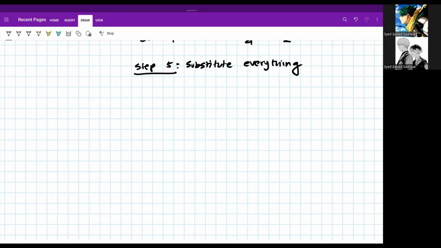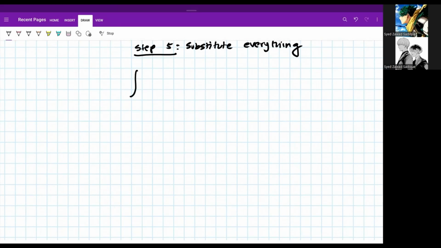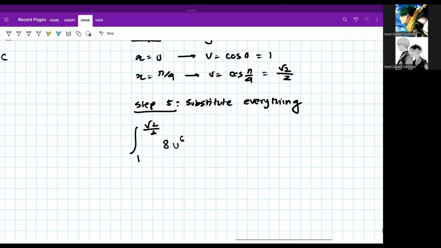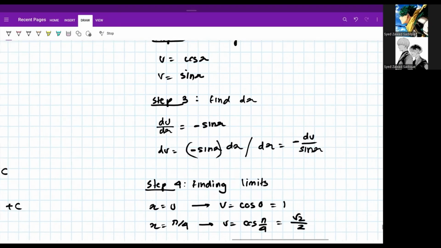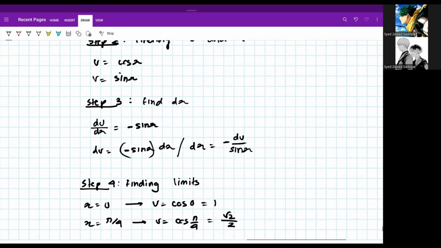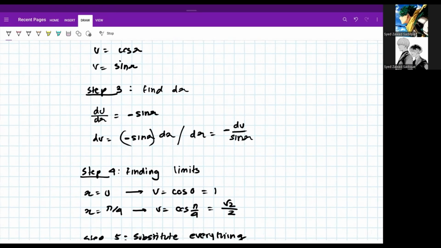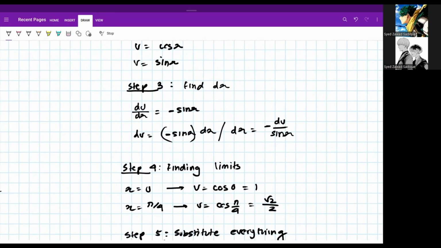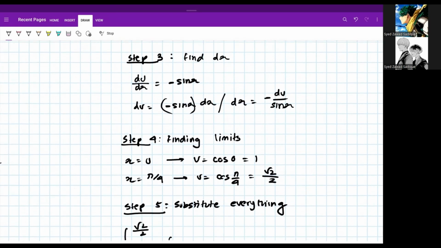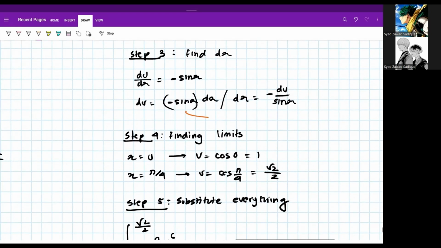Now, we can write the integral from root 2 by 2 to 1 of 8 u to the power 6. Now that we know that du is equal to minus sin x dx, we can say minus du is equal to sin x dx.